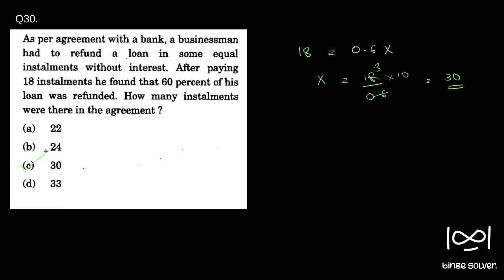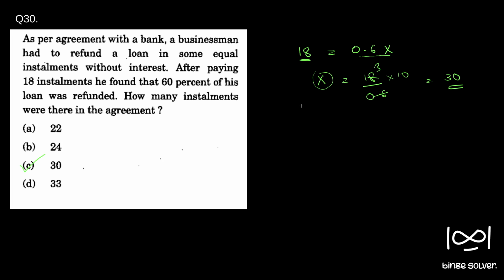So C is the correct answer. If paying 0.6x took 18 installments, then paying X amount will take 18 by 0.6 or 30 installments. So that is the solution to question 30, option C.